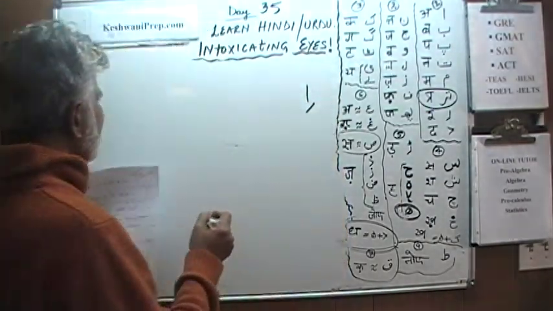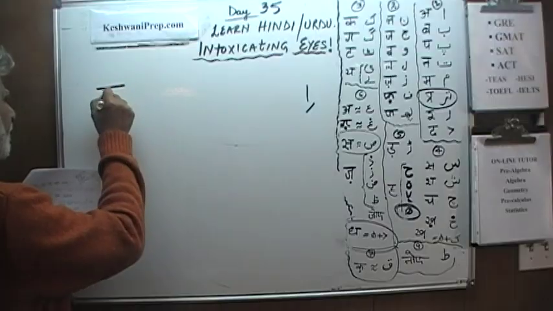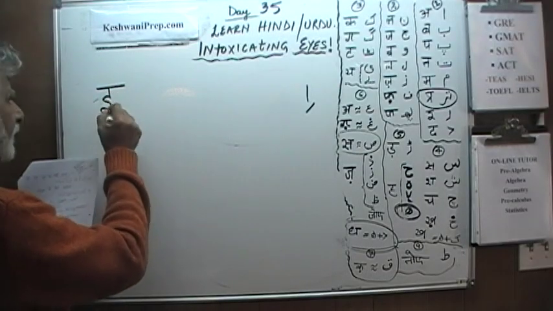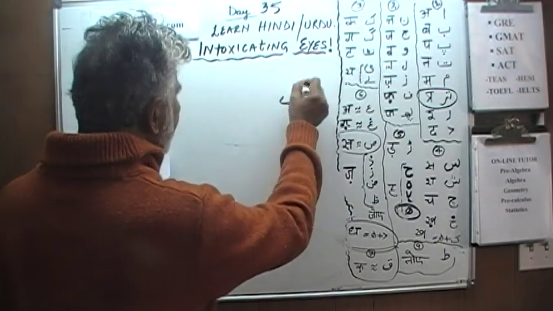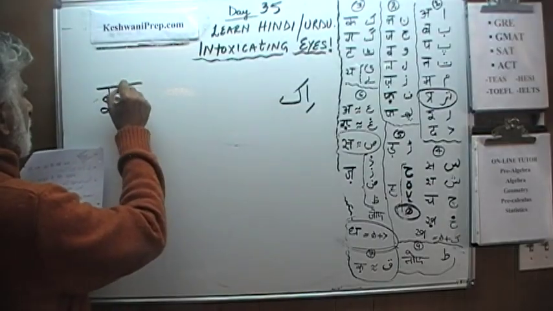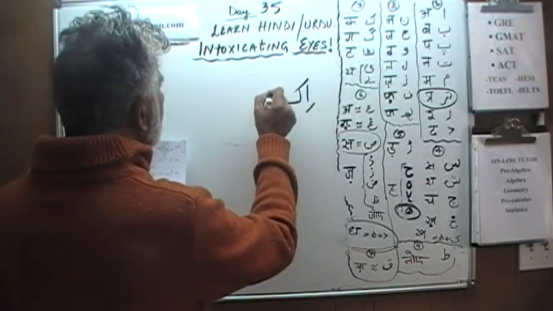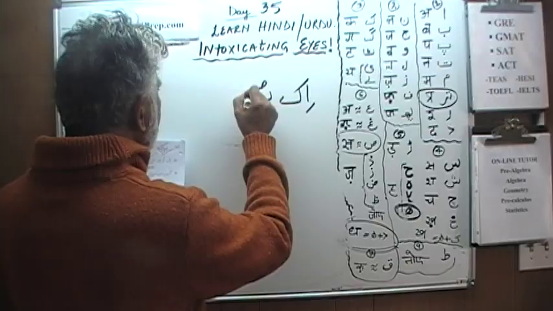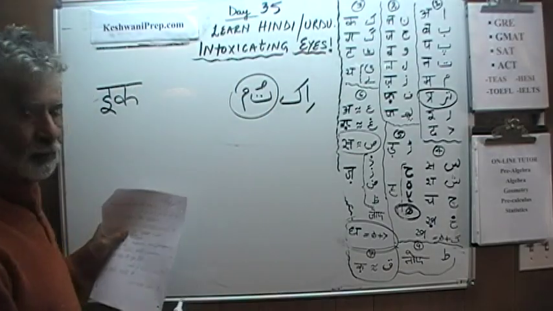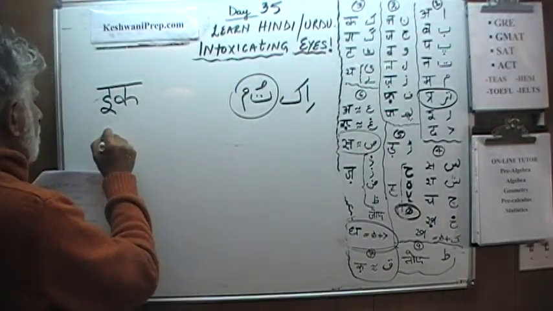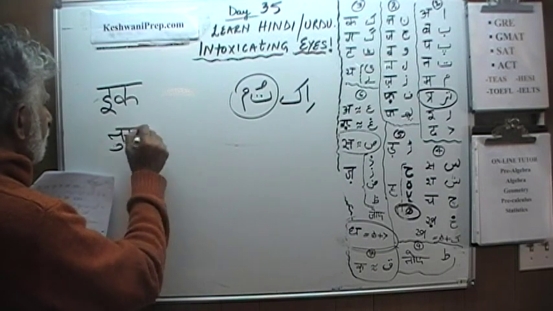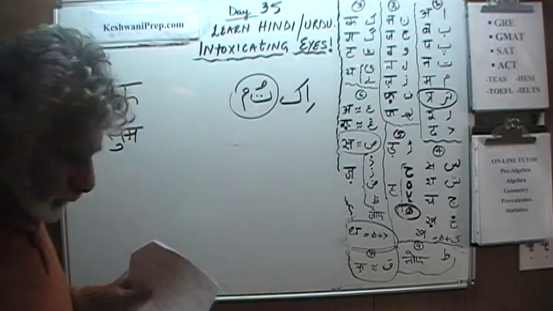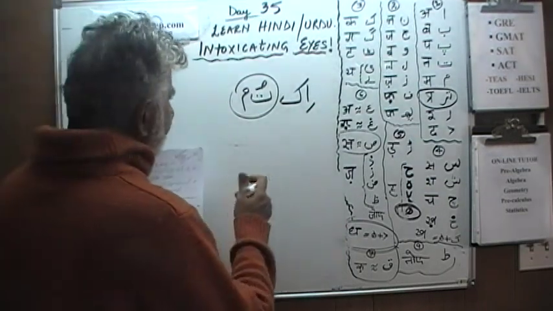Alif with a zer, that makes an e, choti e, and then a kaf, ik, then te, and a mim, tum. Let's put them together.